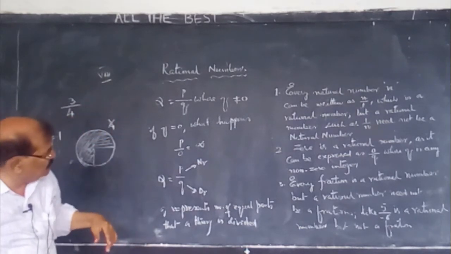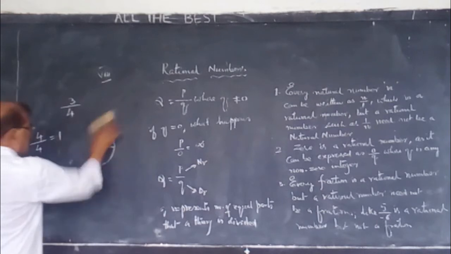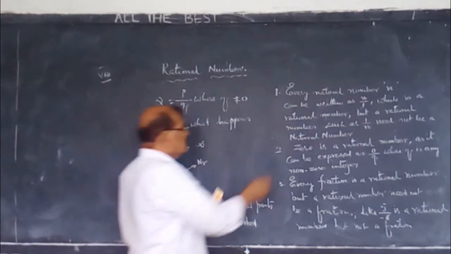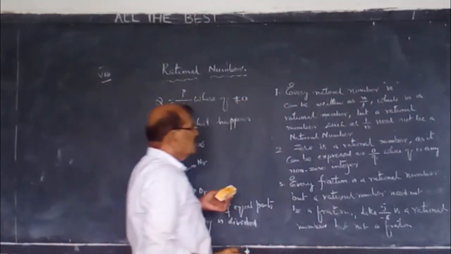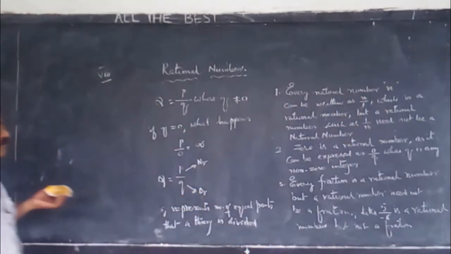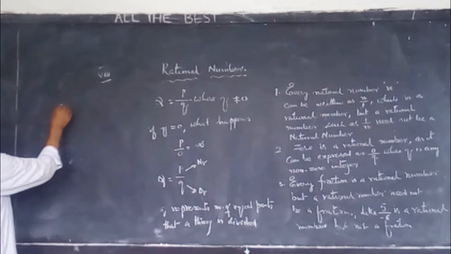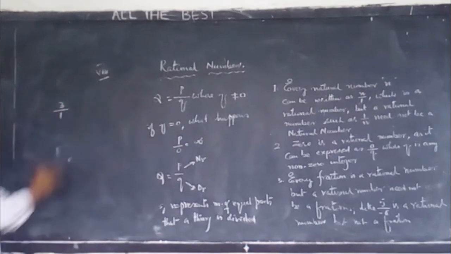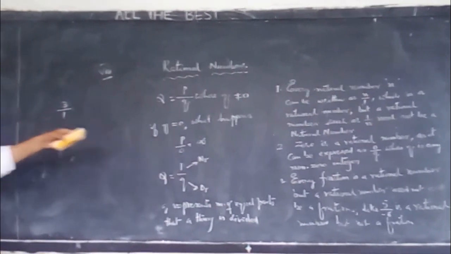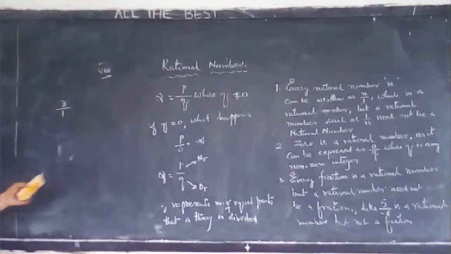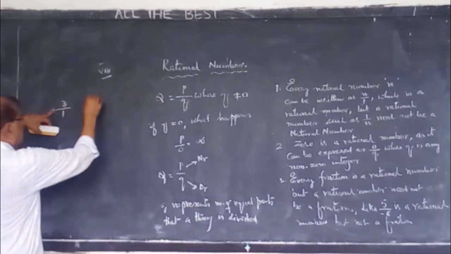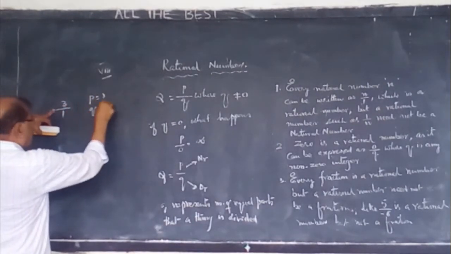Now here there are 3 rules which you can observe. Every natural number n can be written as n by 1. For example, n is equal to 3, 3 by 1. It is a rational number, because here p is equal to 3 and q is equal to 1.